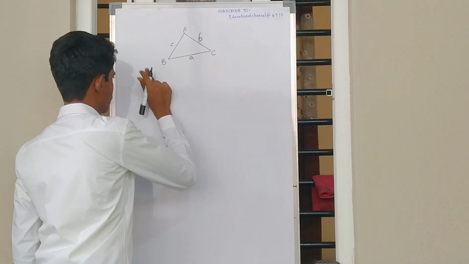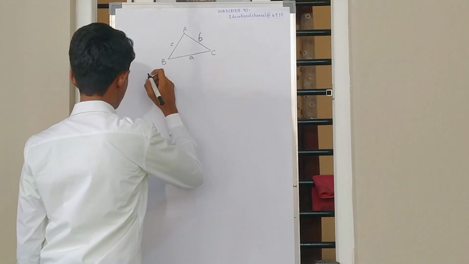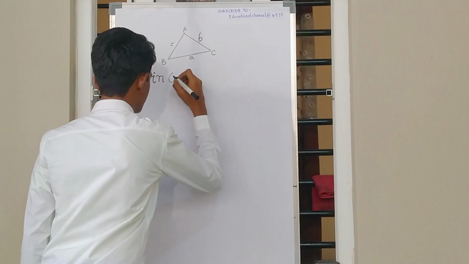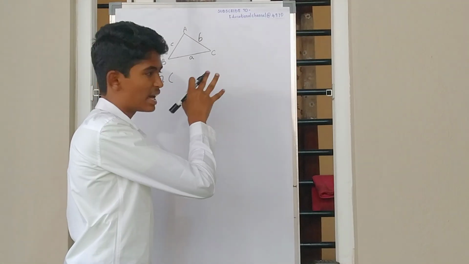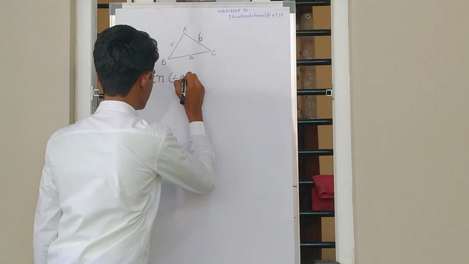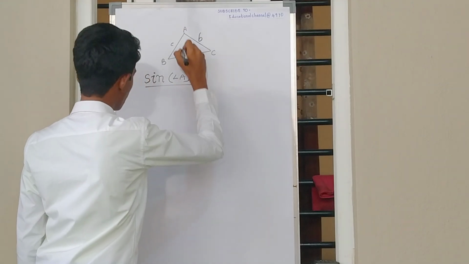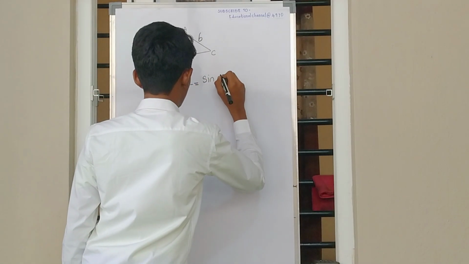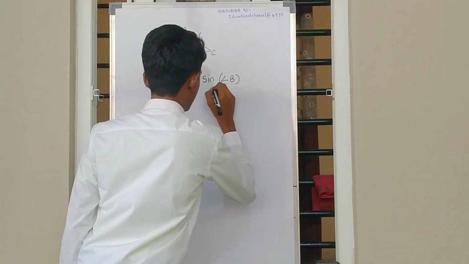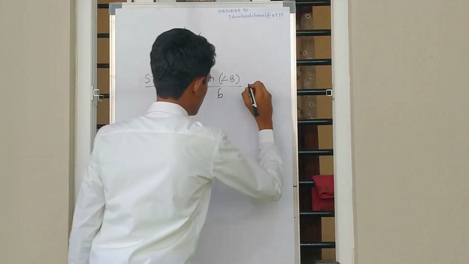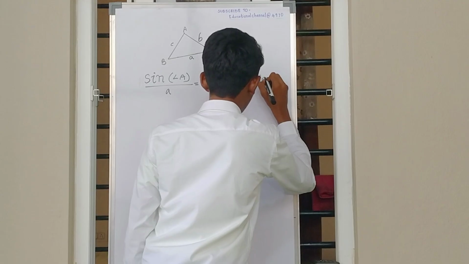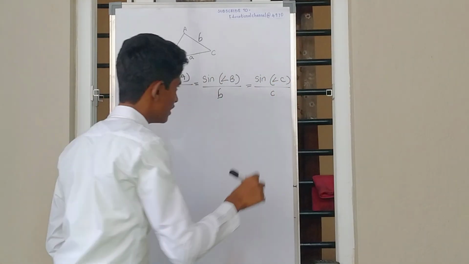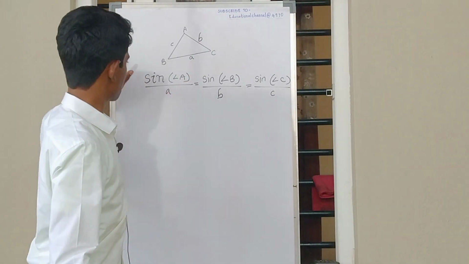Sine of angle A by the side opposite to angle A, which is small a, is equal to sine of angle B by small b, which is equal to sine of angle C by small c. That's all. This is the property.